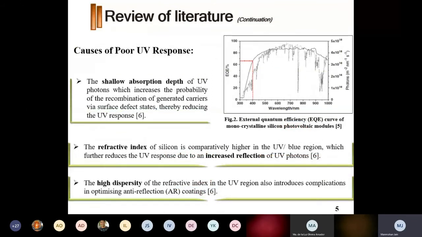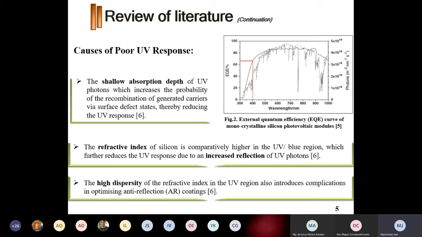First, we will talk about the causes of poor UV response. Here we can see from 300 to 400 nanometer of external quantum efficiency in the figure that the response is very low. The reason for this is the shallow absorption depth of UV photons, which increases the probability of recombination of generated carriers with the help of surface defect states, and this reduces the UV response.